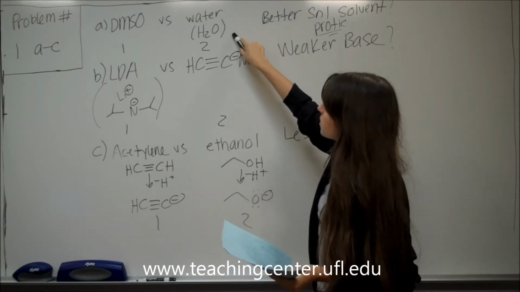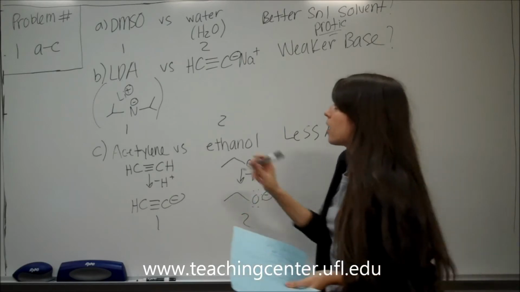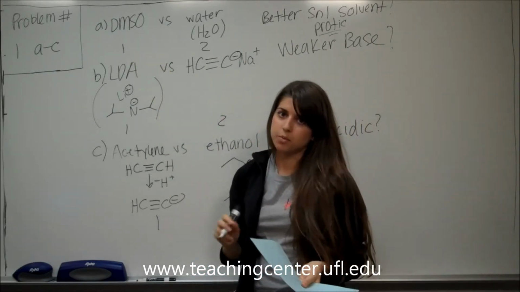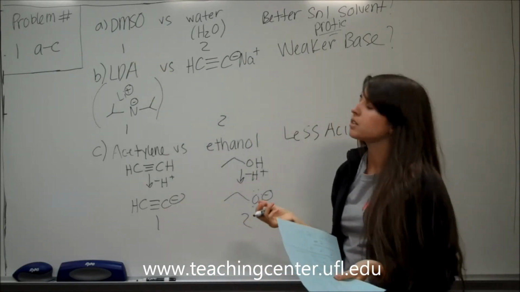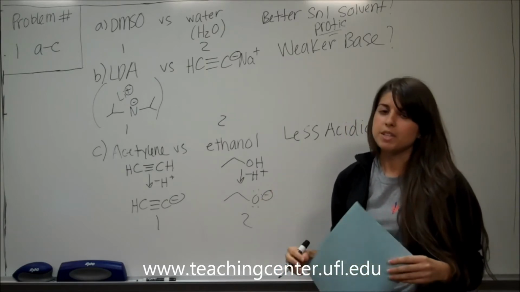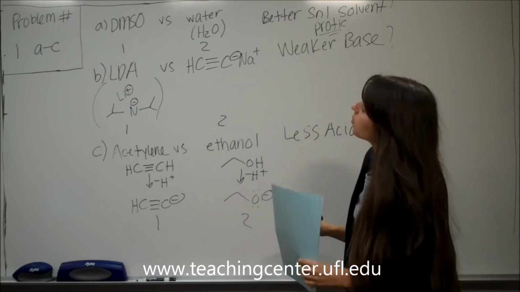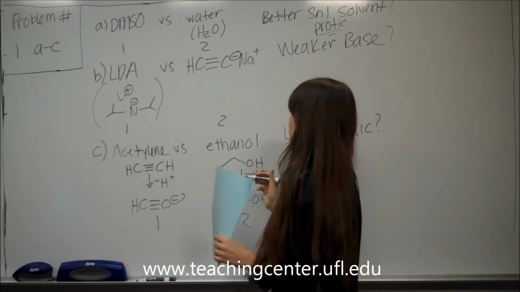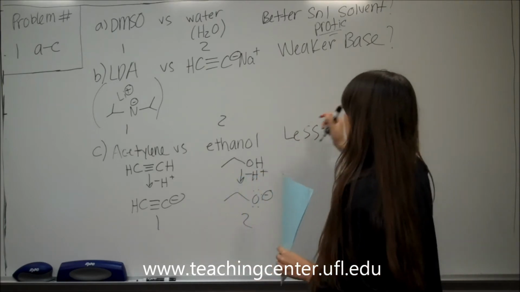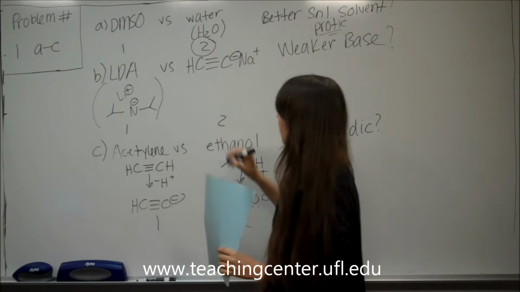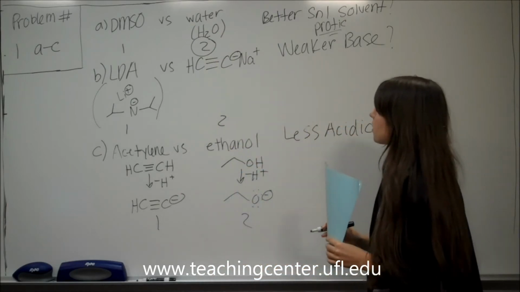Water has hydrogens, so that's something that's protic. DMSO actually is one of those aprotic solvents, dimethyl sulfoxide. It was actually a starred molecule, and it's known as one of the major aprotic solvents. So just from knowing that, we know that the answer is water.